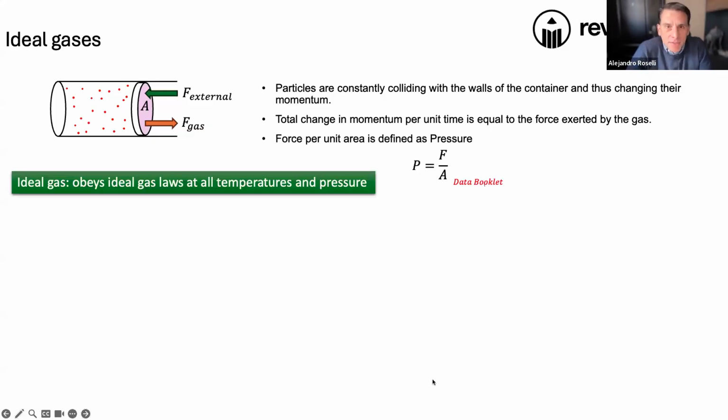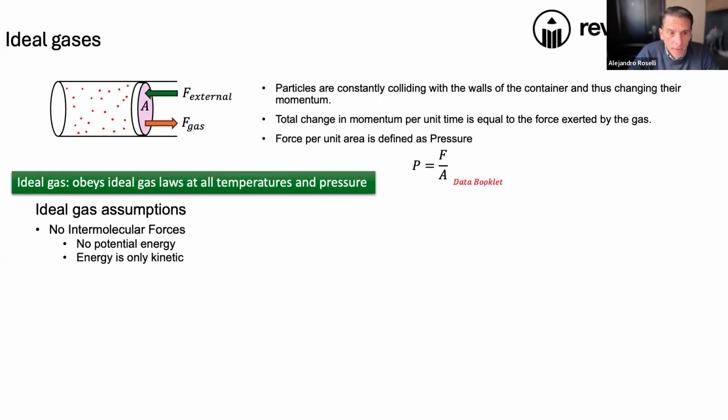Now, the definition of what is meant by an ideal gas. A very simple definition: a gas that obeys ideal gas laws at all temperatures and pressures. We will get into what those ideal gas laws are, but for now, we will keep this as a definition. Now, some of the underlying assumptions built into this idea of an ideal gas.